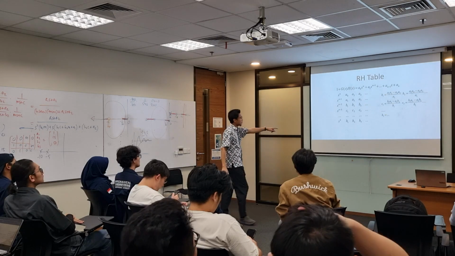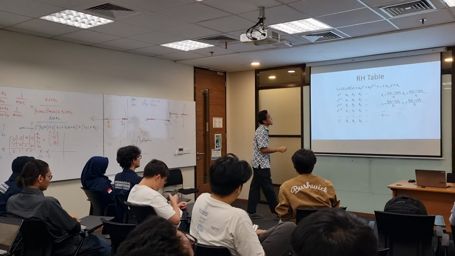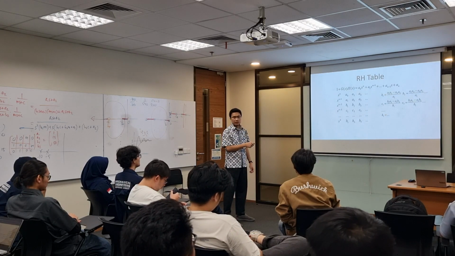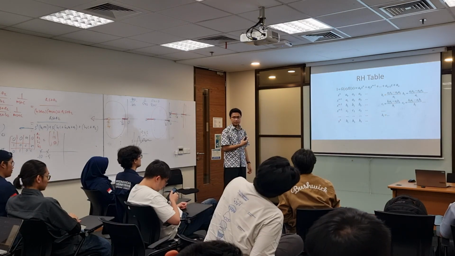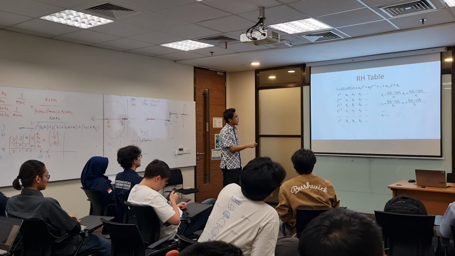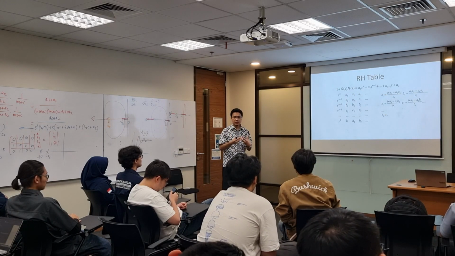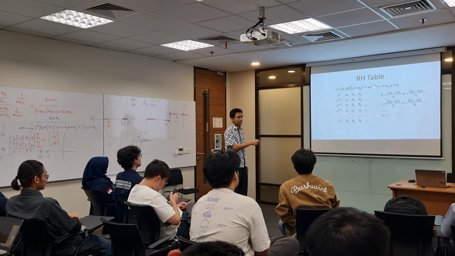The first column you just label with the power of s, starting from the highest power until the lowest power, which is 0. And then a0, a2, a4, a1, a3, a5 are the constants multiplied by the s terms.